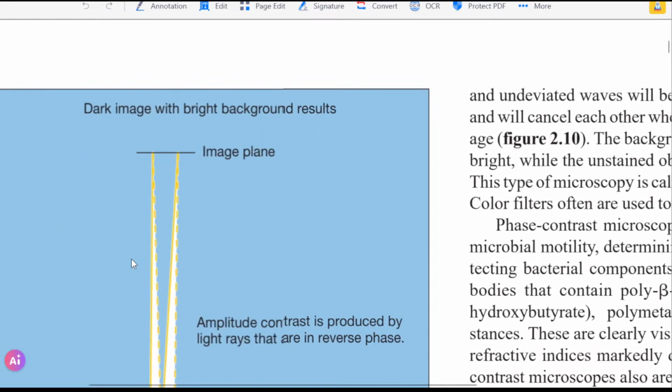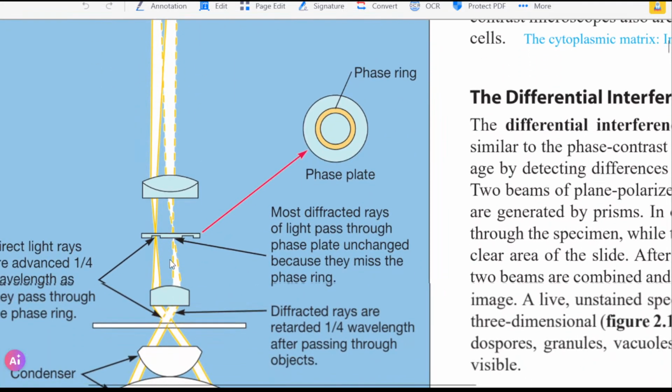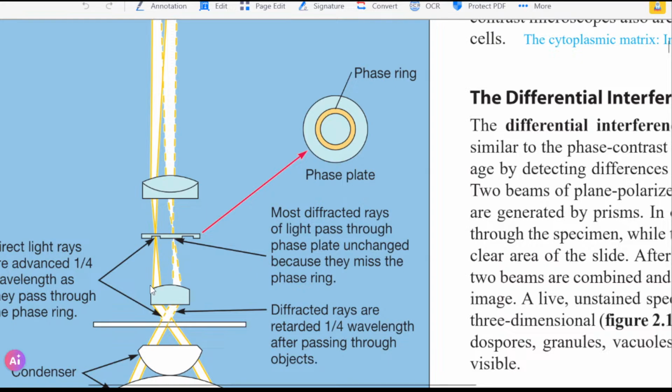Alright, I think I'm getting a little bit. So guys, here the deviation was by about 1/4, right? And they are saying when they pass through this phase ring, they only capture 1/4 wavelength advancement. The phase ring changes the wavelength by 1/4, right? So now when they pass through, this one is plus 1/4, this one is minus 1/4, right?